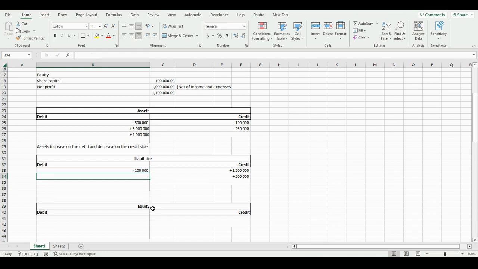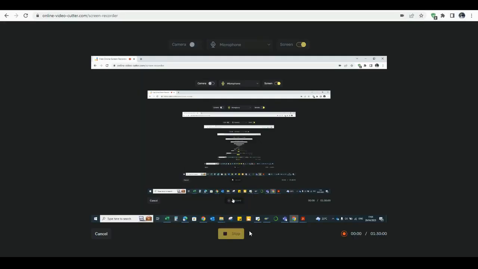Every time you go pay them, you would put it on the debit. That's about it with assets and liabilities. I'm going to put this comment here as well.